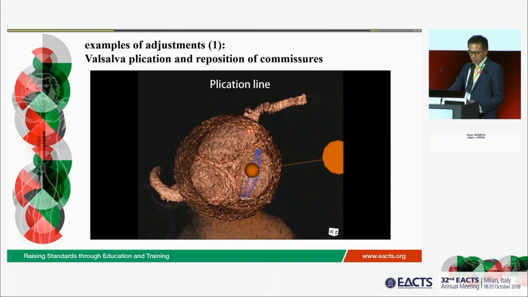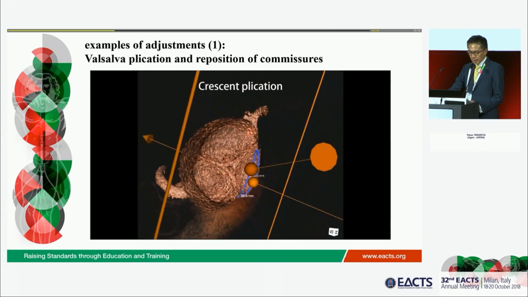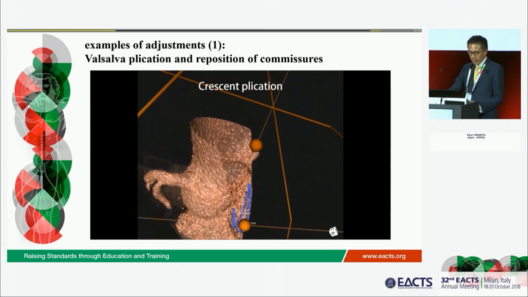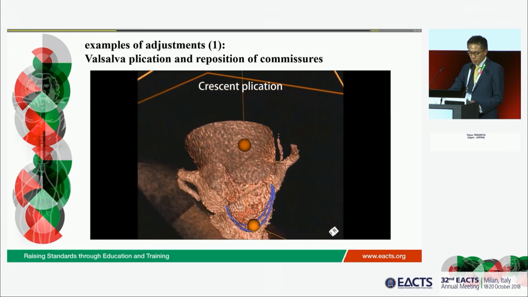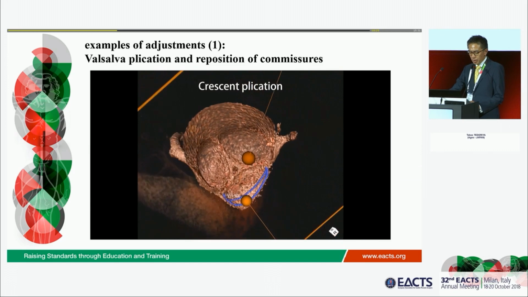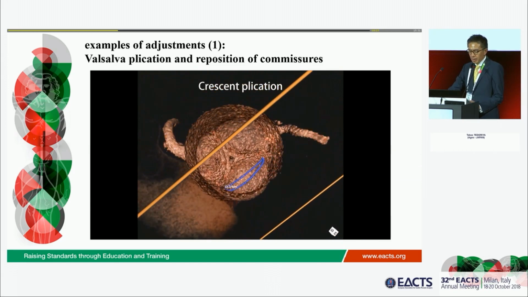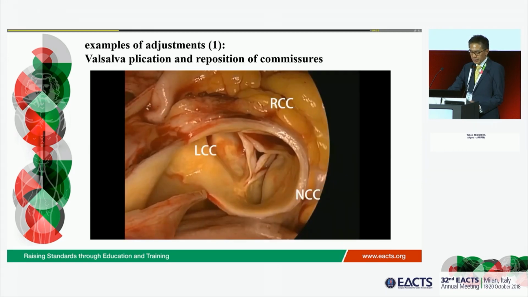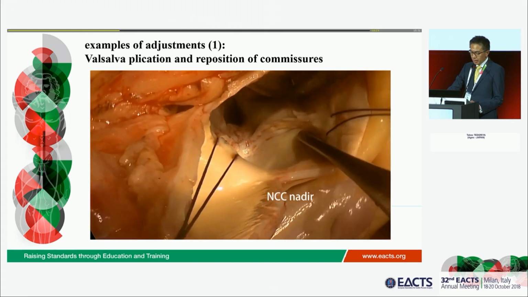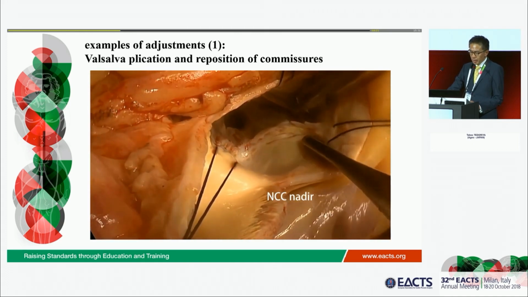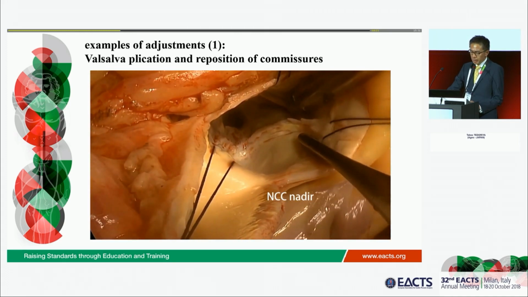This patient had a severe AR and the non-coronary cusp nadir is deviated toward the left ventricle, like that. These kinds of findings are not so easy to identify even in the operating field.